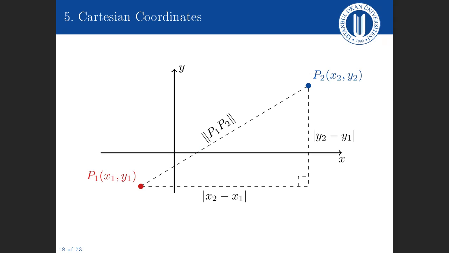We can measure the distance between 2 points in two-dimensional space using the Pythagoras theorem. The distance between a point P1 and a point P2, and we denote this distance by 2 vertical lines, P1, P2, 2 vertical lines. This is the hypotenuse of a triangle, and we know from Pythagoras how to calculate that.